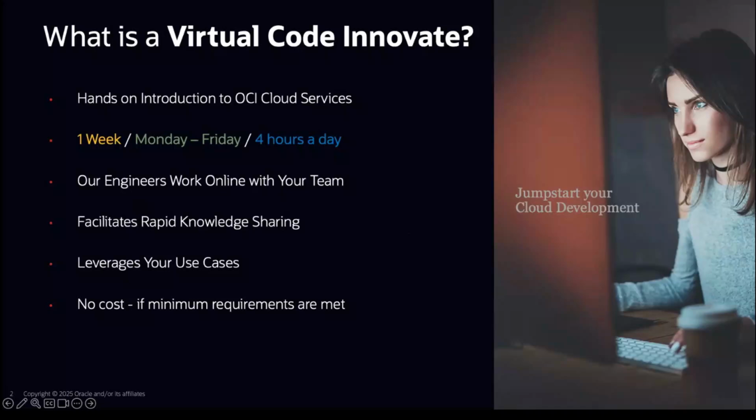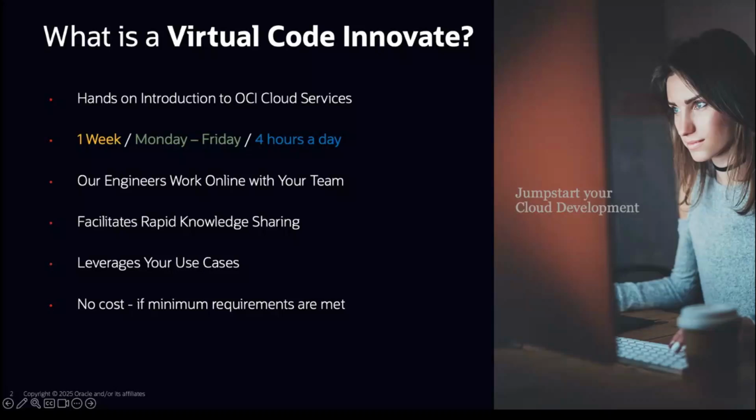Over the course of a week, participants from your team are paired with an Oracle engineer to guide them through best practices and how we approach the process of code development or building together. During this time, we're going to brainstorm on your business challenges that you bring to us.